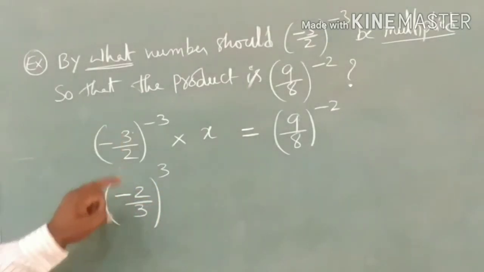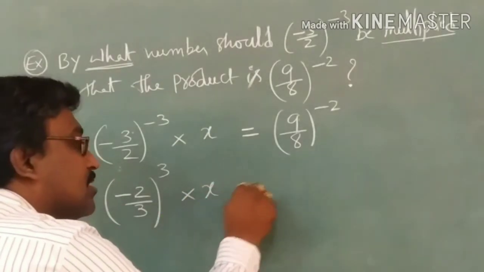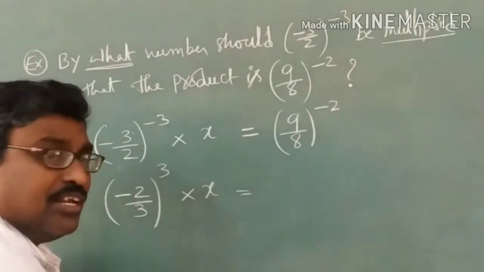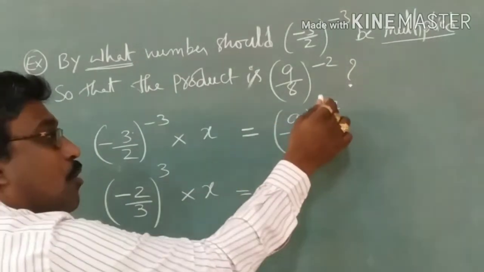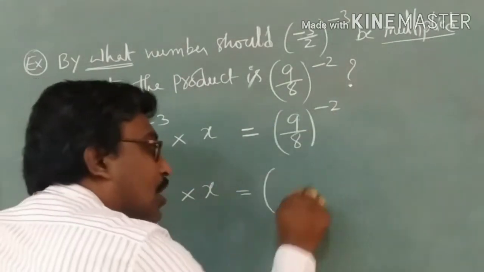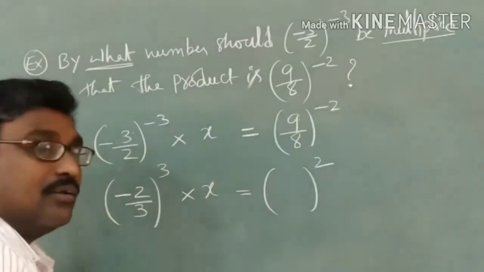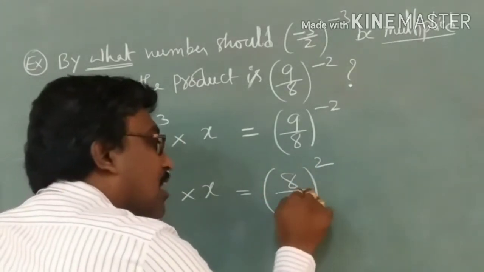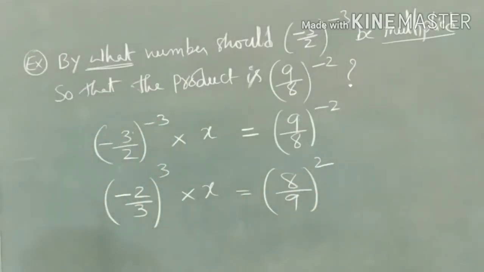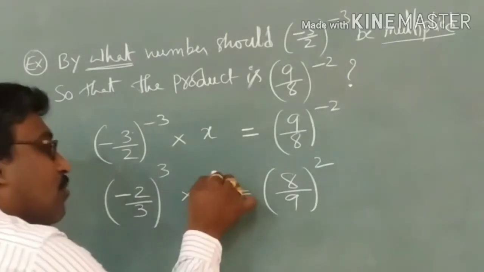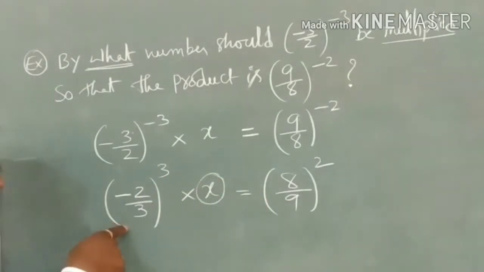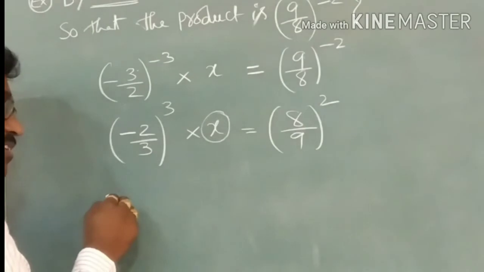Minus 3 by 2, I am changing into minus 2 by 3, into x. Again here it is a negative power, then I want to make it positive. Then it is 8 by 9. Good. Now I want the value of x. Here it is multiplication. Go to that side.